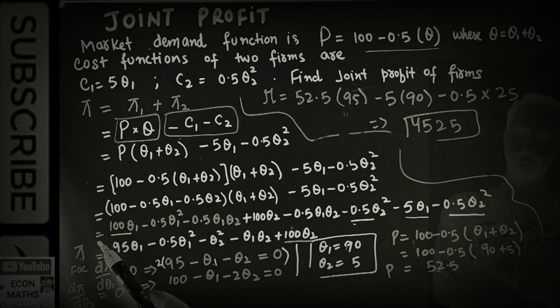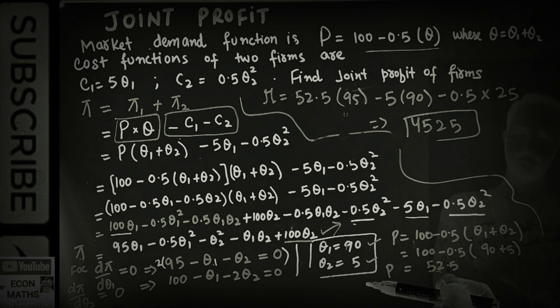When we solve this and rearrange, we get the joint profit function. The first order condition for profit maximization requires that we take the derivative of this profit function partially with respect to q1 and then with respect to q2, set them equal to 0 and solve them simultaneously to get q1 is 90 and q2 is 5.